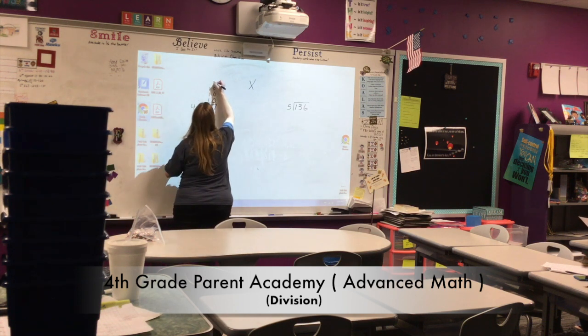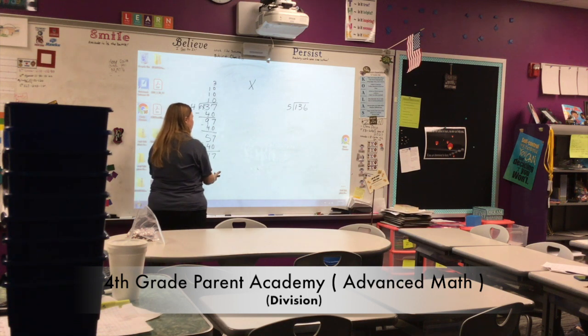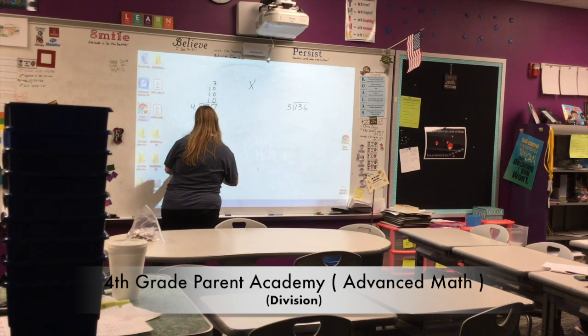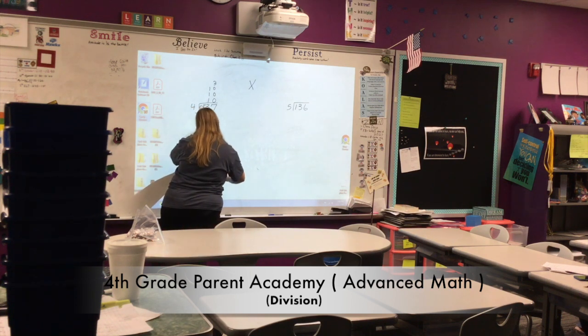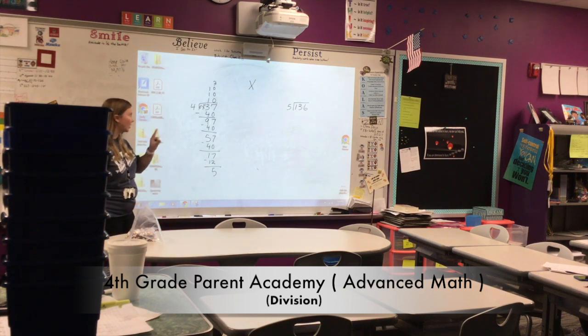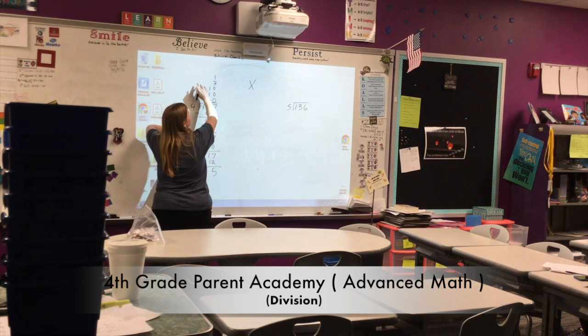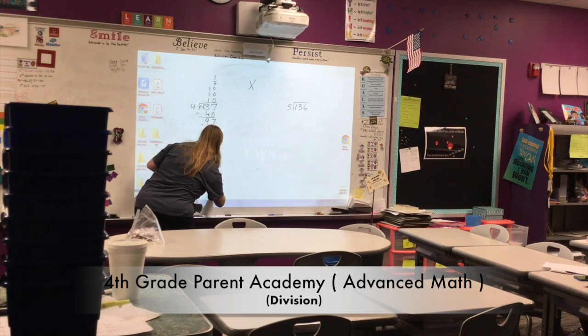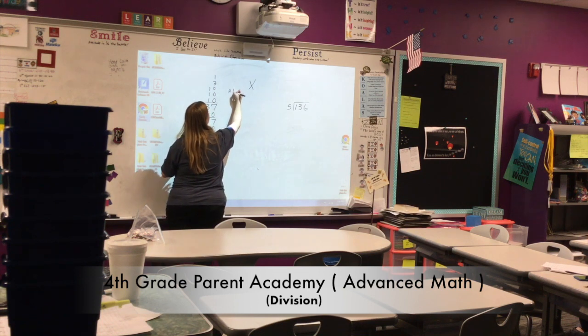You took out 4 groups of 3, so in all you took out how many? 12. 17, and you took out 12. So that is 5 left, and you were like, ooh, what can we do? One more time. So each person, 4 groups of 1, right? Which is 4. And you had 1 as your remainder.